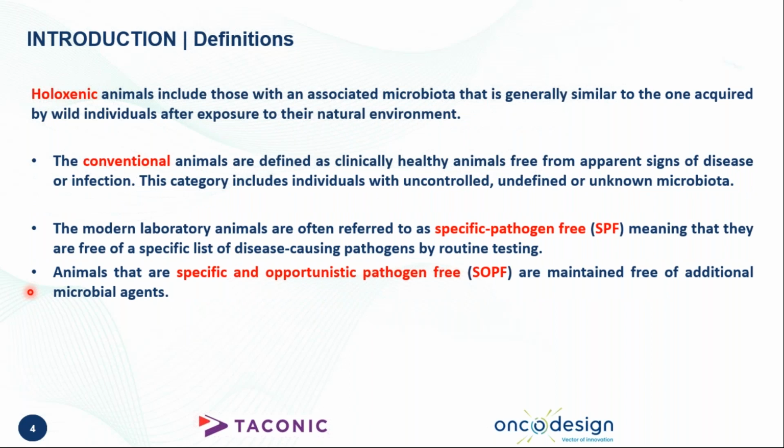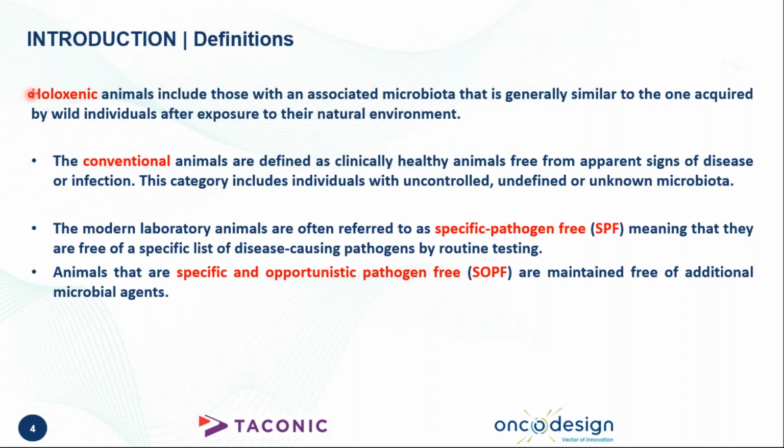In most of the in vivo microbiome studies, the animals that are used are defined according to their associated microbiota. The holoxenic animals correspond roughly to those with a microbiota similar to the one acquired by wild individuals.